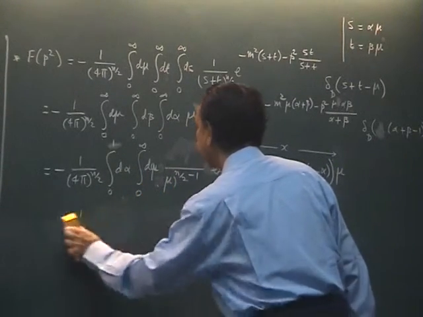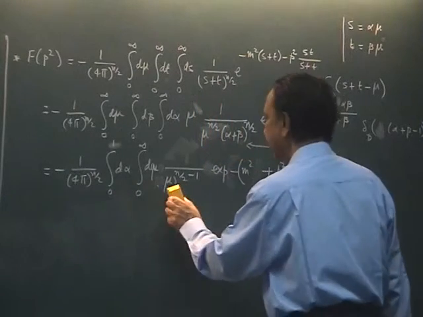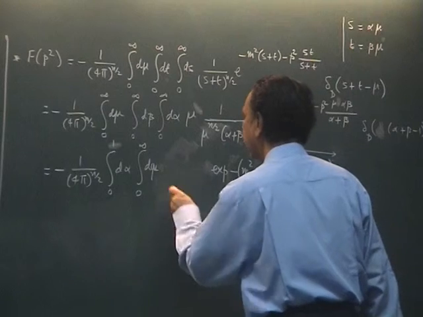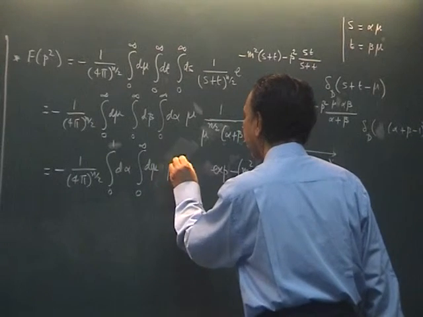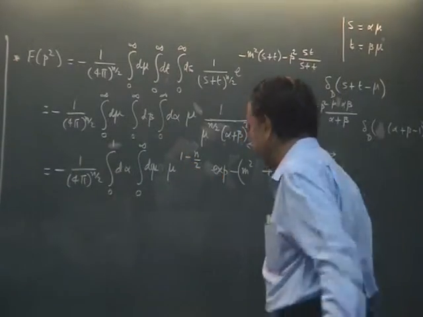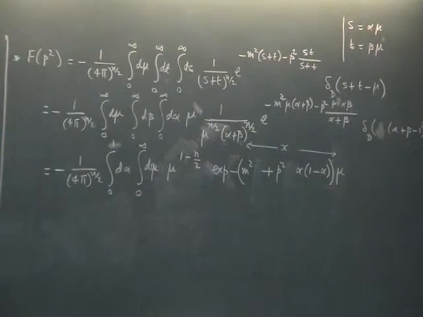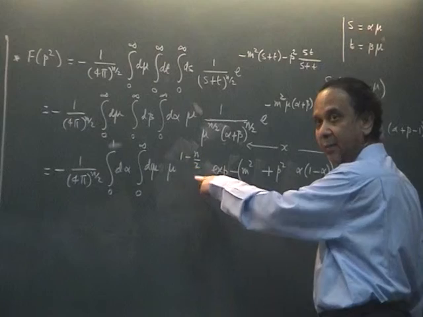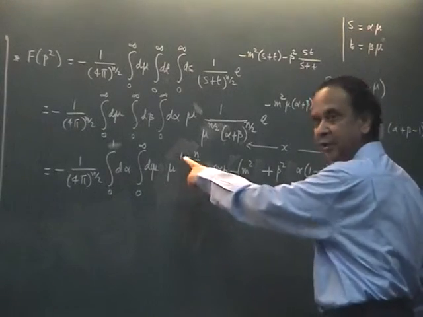Let us just redo this part. So this was what we had. So it is mu to the power 1 minus n by 2. This is what we have. Let me just make sure of that. Mu to the power 1 minus n by 2, e to the minus this. Yeah, this is fine. This is t to the n minus 1. That means this has to be 2.